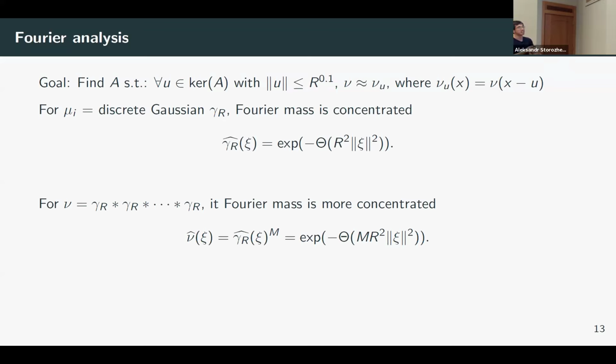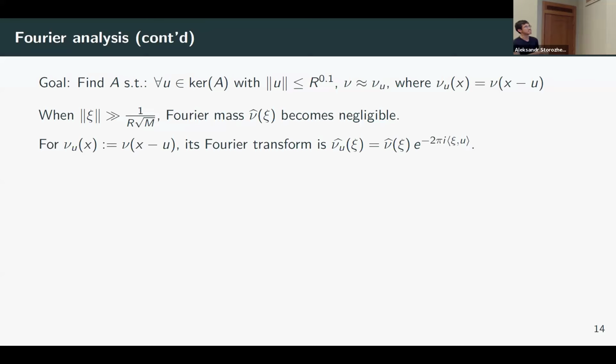Okay. So if we have such a distribution that has very concentrated Fourier coefficients, then we're going to show it's almost translate invariant, because we can also write down the Fourier transform of the translated distribution in terms of the Fourier transform of mu itself. By just expanding the definition, we have this.